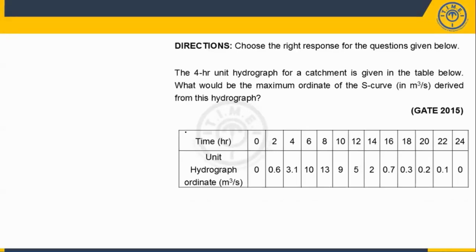Yes, let's do this. This is a question on hydrographs.